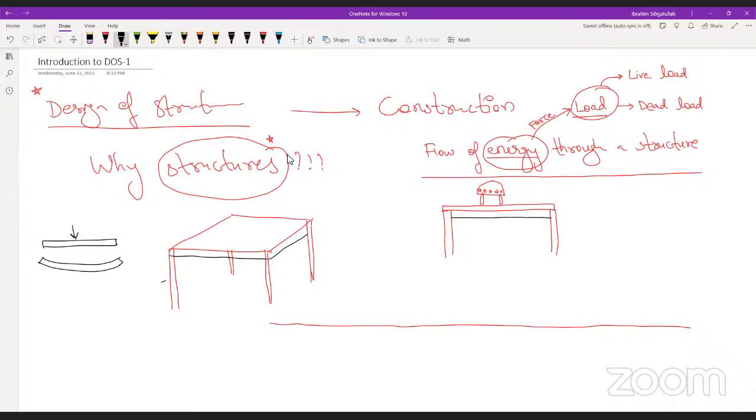What is going to happen over here is the load which is getting generated on the slab will flow into the column through the beams.